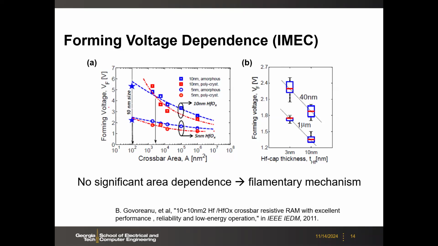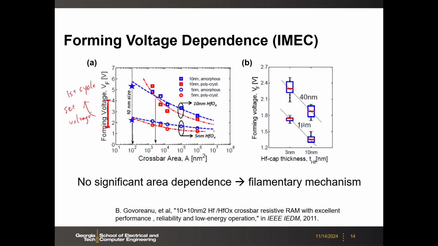So here there's a so-called forming voltage. This is actually still, even today, a problem for the oxide RRAM device. That is, for the very first cycle, you have to apply a larger voltage. This is the first cycle set voltage.